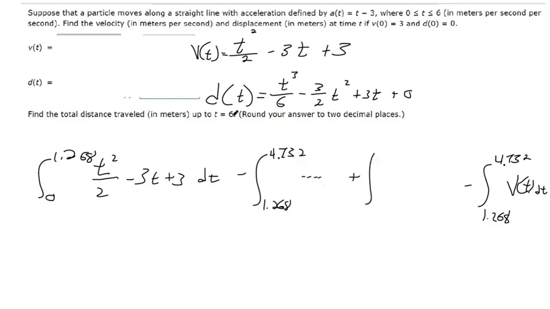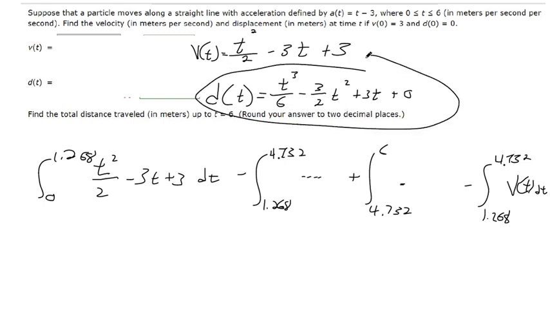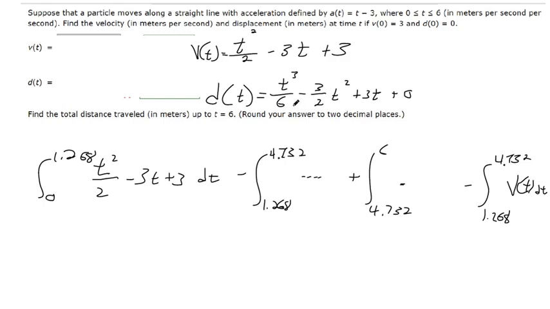And then we're going until t equals 6, so 4.732 to 6 of v of t here. So the antiderivative is going to be the same for each, except for a sign on this one. This is t to the 3rd over 6 minus... it'd be quicker if we already have the antiderivative up here, right? So you could just plug in 1.268 in here. So let's do that.